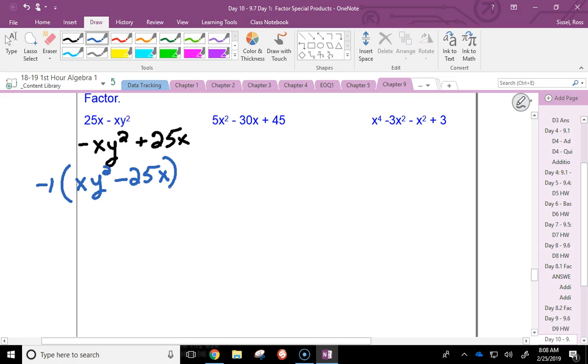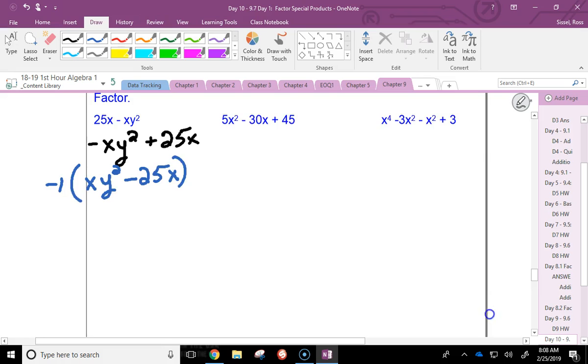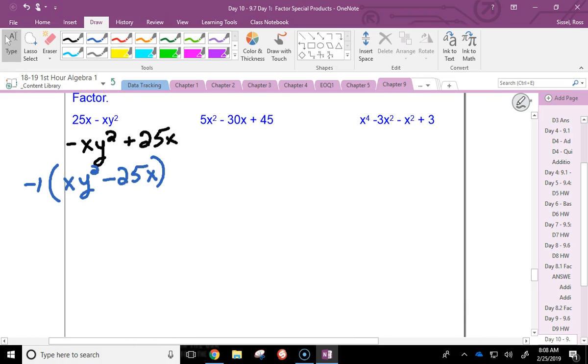Okay. And now what we're going to ask is, this is the simplifying over and over and over. Can I simplify this part? Is there anything common I can factor out of xy squared minus 25x? I can take x out.